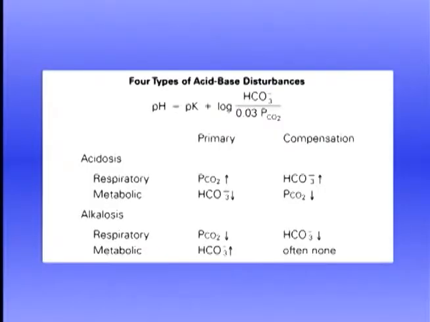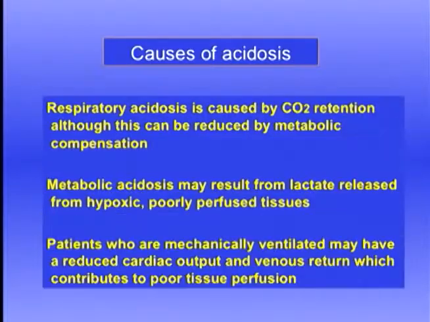Now, what about pH? That's the third variable we look at when we see the arterial blood gases in a patient with respiratory failure. This is simply to remind us, and we should have it at the back of our mind, of the Henderson-Hasselbalch equation shown here, and the fact that there are four basic acid-base disturbances. You can have respiratory or metabolic acidosis or alkalosis. Patients with respiratory failure frequently are acidotic, and one of the reasons is that there is often CO2 retention.